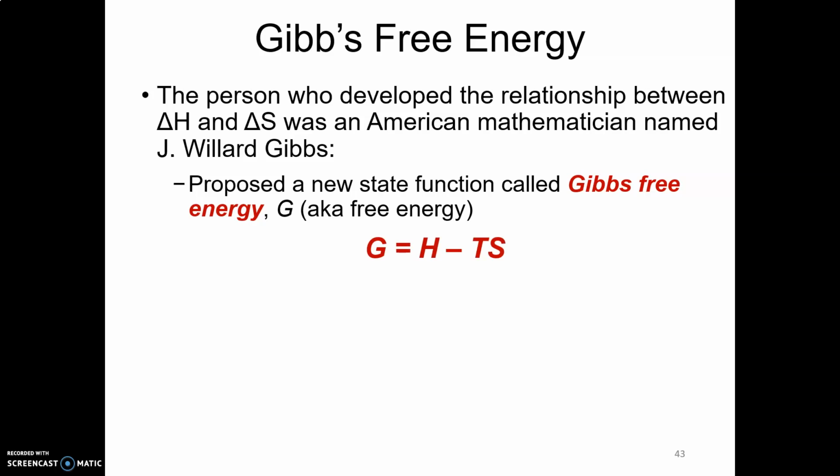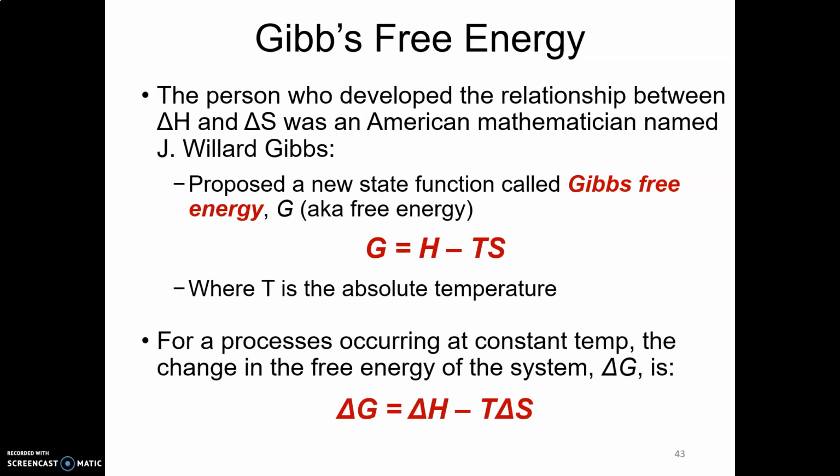But G is equal to H minus TS. Although, let's be honest, we care about delta G. So the change in free energy is equal to delta H, the change in enthalpy, minus T, notice not delta T. Why? Because we are not talking about situations in which temperature changes.